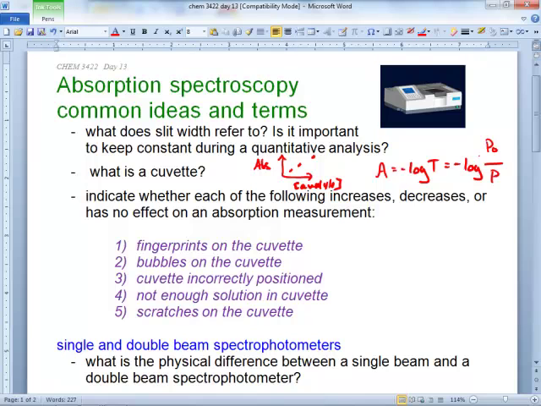Rico, what is this? You ready? It begins with the C word. Yeah, that's the cuvette. Pass it around. Okay, Adriana, you've probably seen a cuvette. What does a cuvette have to do with an absorbance measurement mathematically?